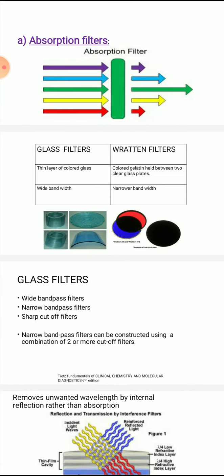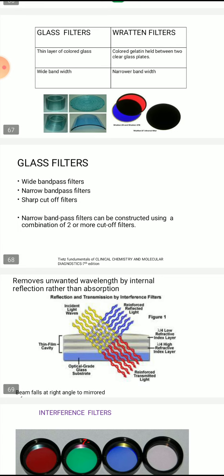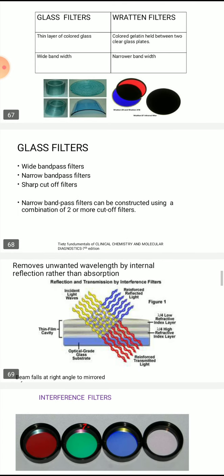Three types of glass filters are there: wide band pass filters, narrow band pass filters, and sharp cut off filters. You need to know only the names. Narrow band pass filters can be constructed using a combination of two or more cut off filters.